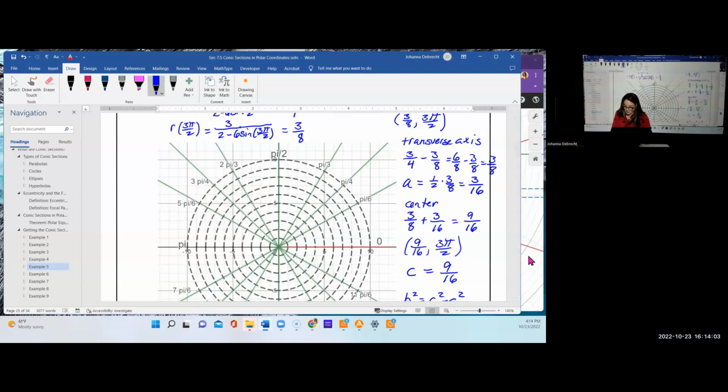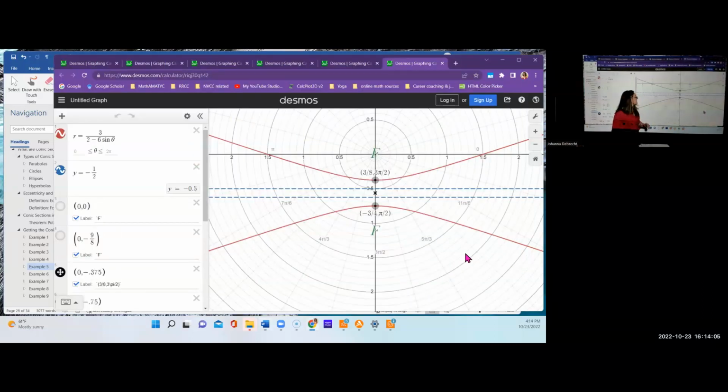That means that it's also a distance of 9/16 from the pole, which means that C is, wait, what was I saying? Yes, C is equal to 9/16. The distance from the focus to the center is 9/16. So where's the other focus?